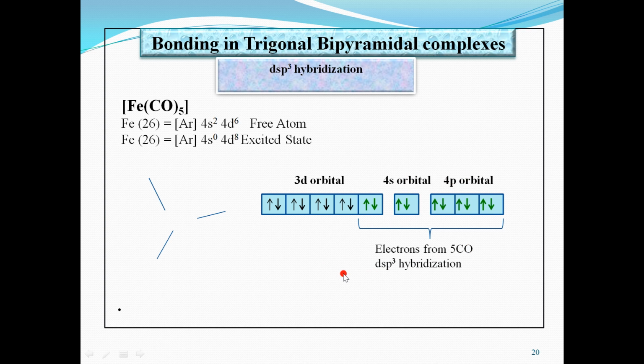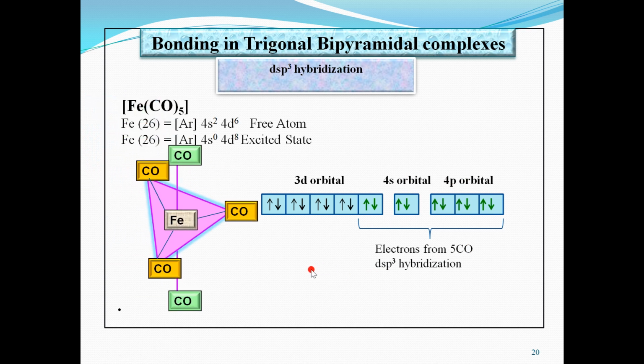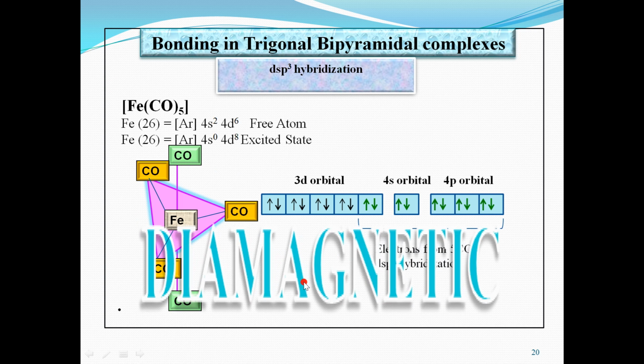If we see the geometry of this complex, Fe is present at the center of the triangle, so that is called trigonal, and there are 2 ligands present at the pyramidal positions, upper side and lower side. So in this way this is a trigonal with 2 pyramids at the top and bottom. So the geometry is trigonal bipyramidal, undergoing dsp3 hybridization.